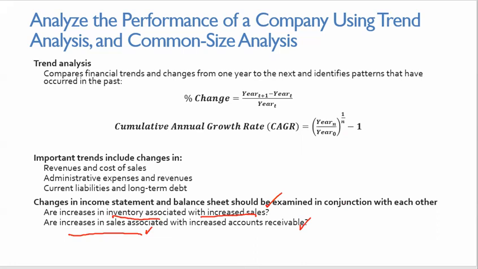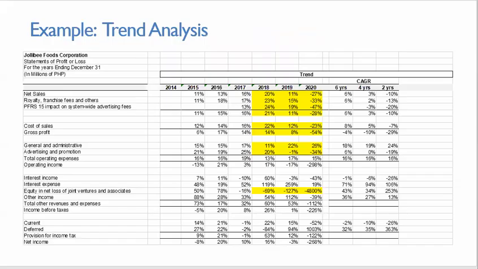Okay? Let's look at this example sa income statement ng Jollibee. No? So ito na yung trend in percentage. Okay? So if you look at net sales, negative 27%.